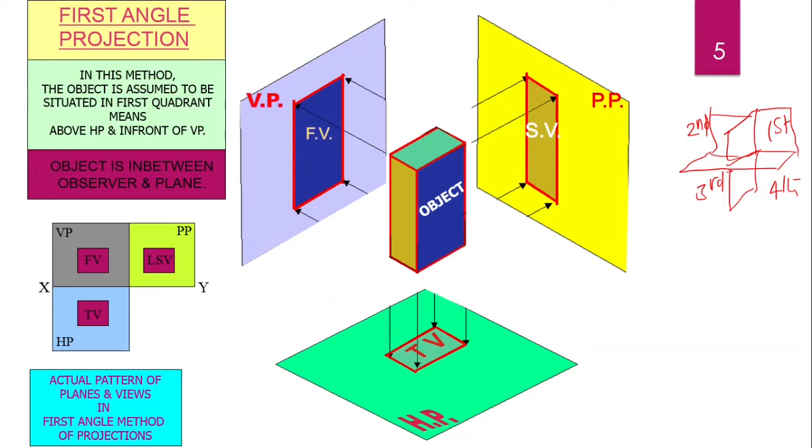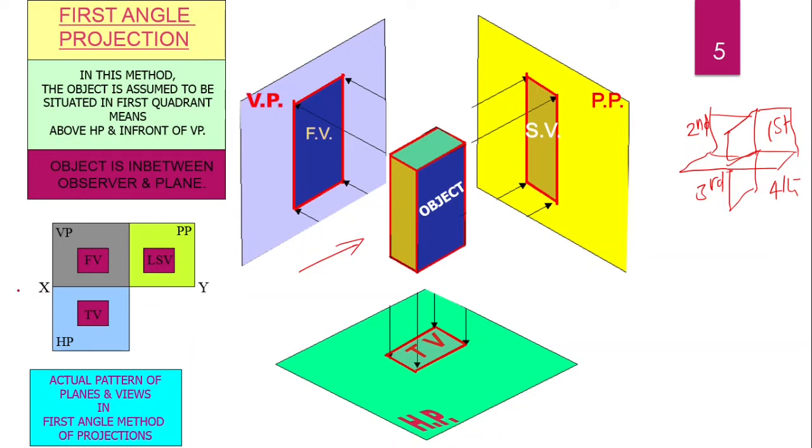A view in which visual rays are perpendicular to PP is known as the side view, and that side view is always in the profile plane. We can have this type of view in first angle projection.